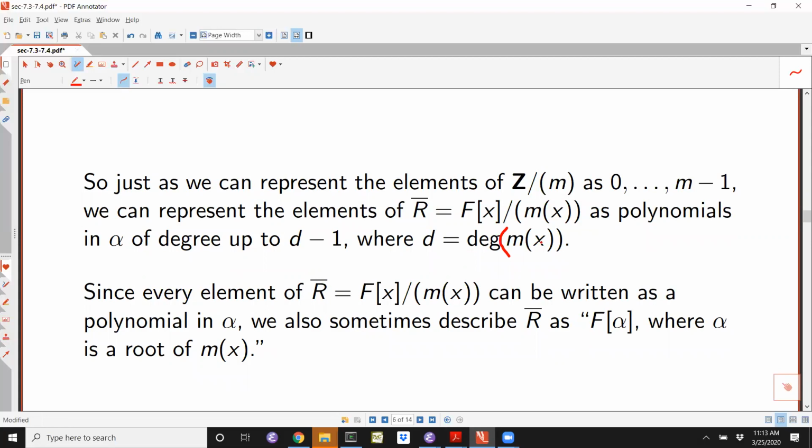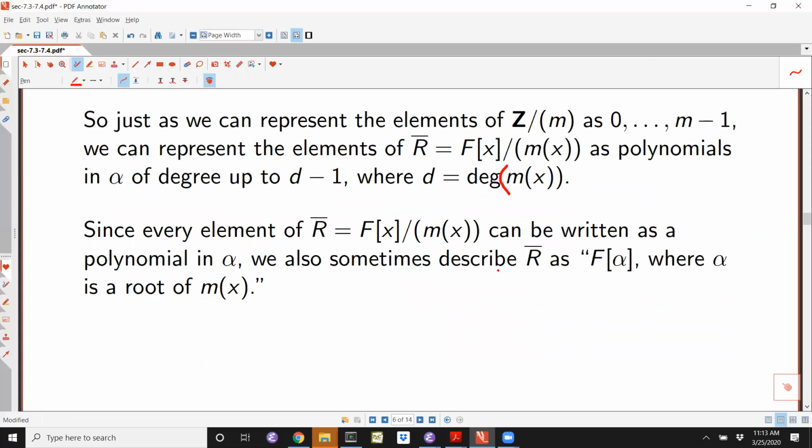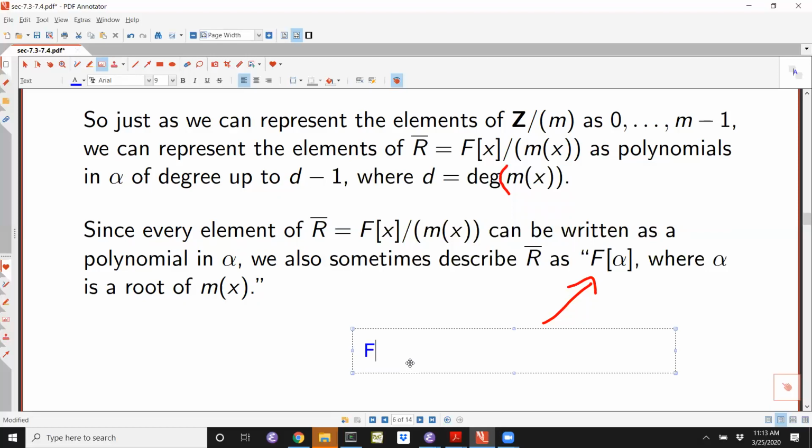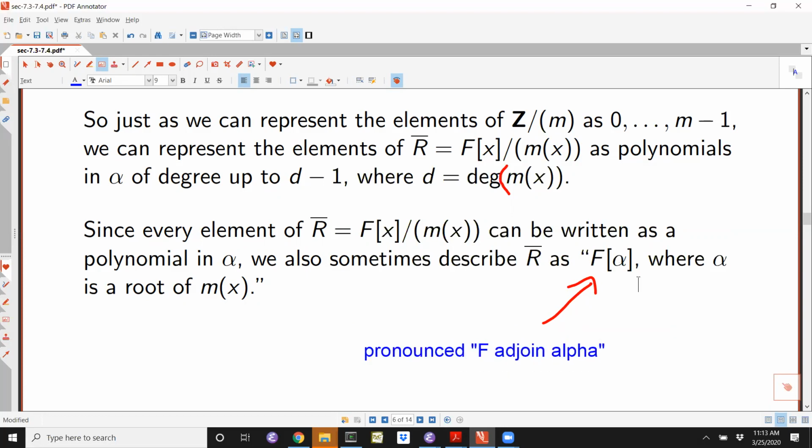I should say how this mysterious term is pronounced: F bracket alpha is more usually pronounced "F adjoin alpha." So we will call that ring F adjoin alpha, where alpha is a root of m of x.